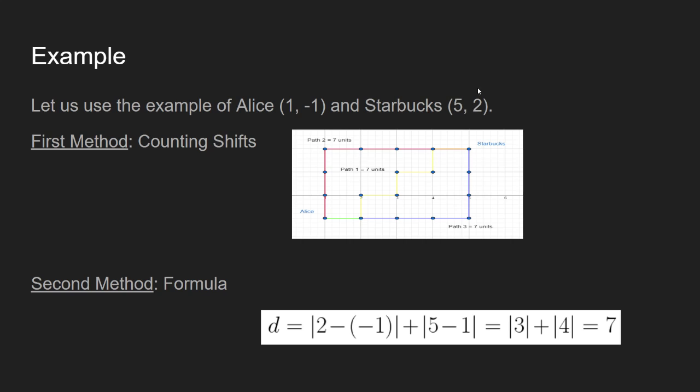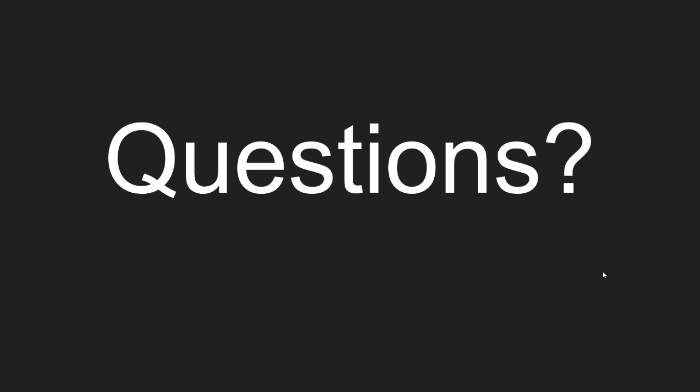Starbucks being our second point, Alice being our first point, d is equal to 2 minus -1, which is going to give us positive 3, plus 5 minus 1, which is going to give us 4, and 3 plus 4 is going to give us 7. We see that they both match, and that's the two different ways to get the distance, or the shortest distance.